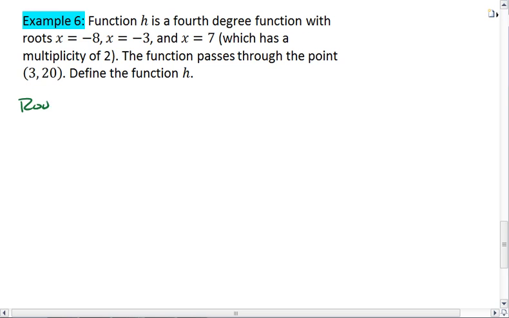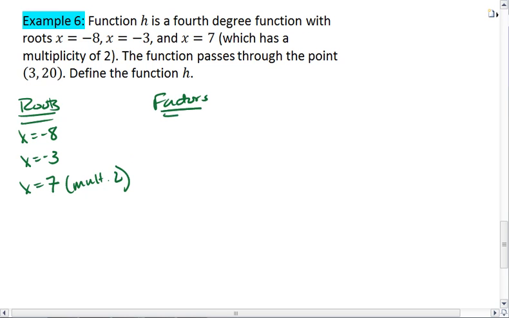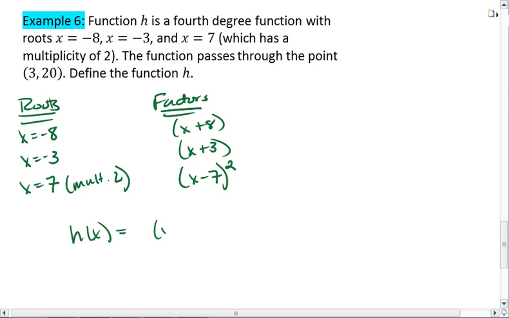Well, if we have roots at x equals -8, x equals -3, and x equals 7, which has a multiplicity of 2, then we have the following factors: x plus 8, x plus 3, and x minus 7, which will be squared. So we get h of x equals x plus 8, x plus 3, x minus 7 squared.